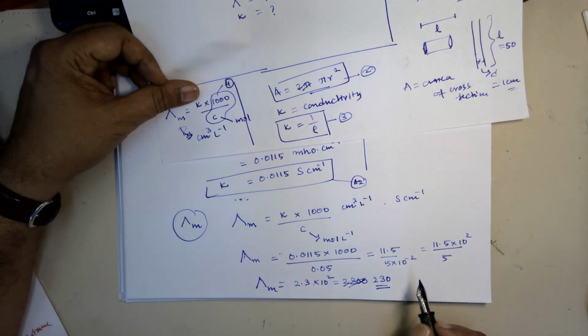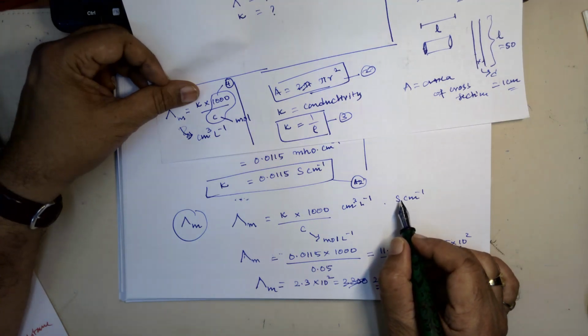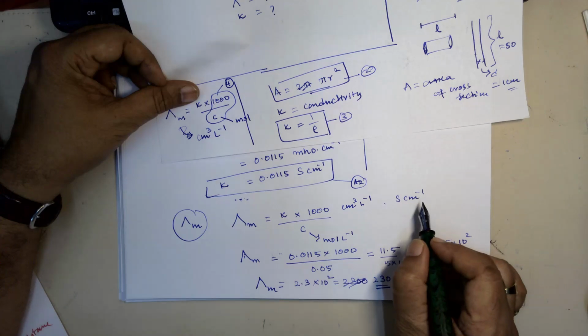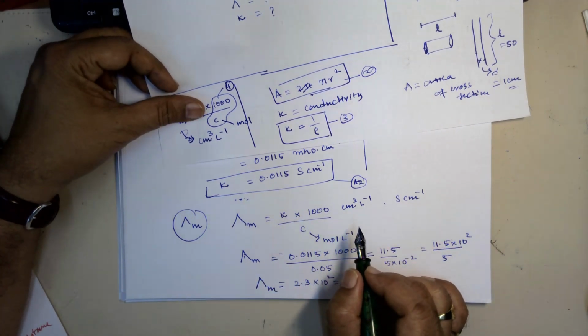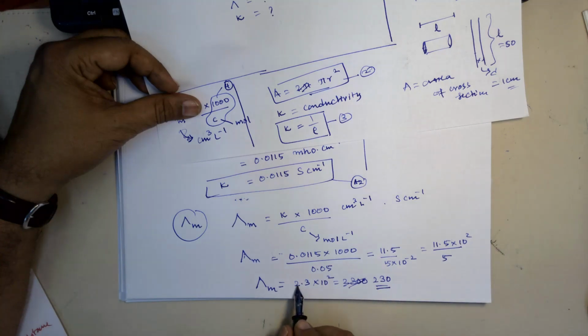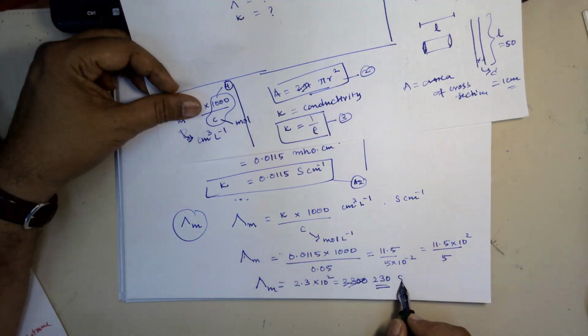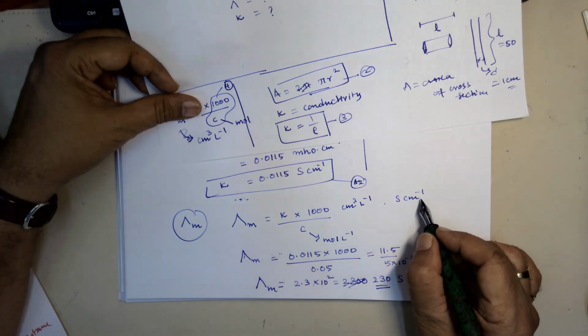So 230. Now let us work out the unit. So you have Siemens. Okay, listen to me carefully. This is Siemens, and then now we are converting the entire thing into meter. So before that we will work out as such. Now what is the unit? Tell me. You have got Siemens, and then centimeter cube, centimeter squared, right?